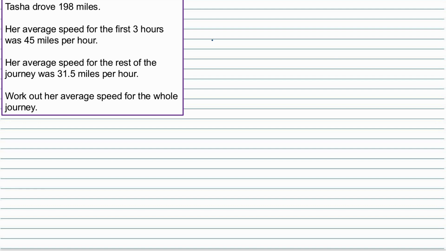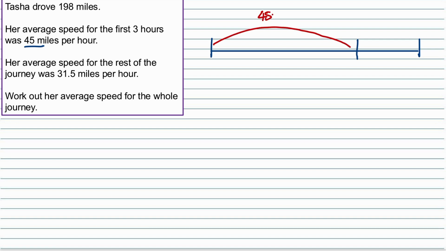Okay, so if we think about this as one long journey, and we split it up into 2 parts. In the first part, we're told that the average speed is 45 miles per hour. So if I show this here, 45 miles per hour. And we continue at this speed for 3 hours. So we need to work out the distance from the first part of our journey.